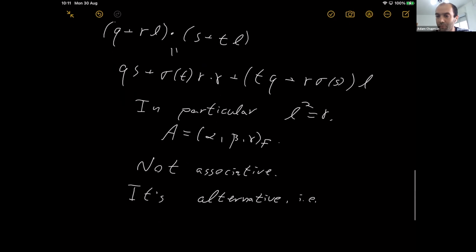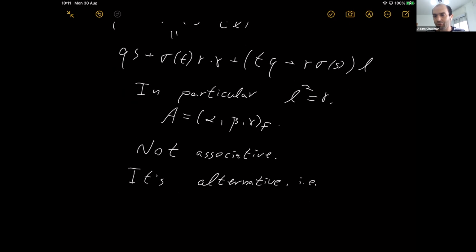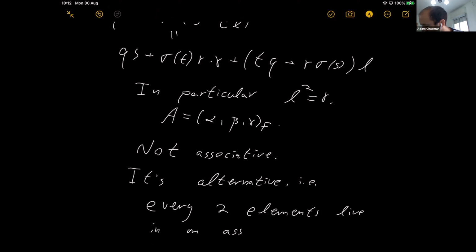So alternative algebra means that every two elements in the algebra live in an associative subalgebra.